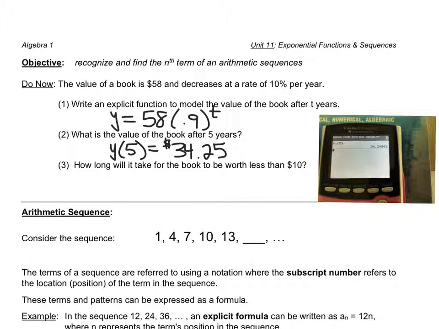Okay, so he needs to hit mode. Hit mode, Jake. Sorry, wrong calculator. Hit mode, go to float, and hit enter. Mode, float, and so basically, this is a good rule of thumb for now anyway.